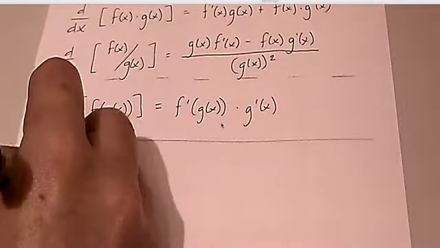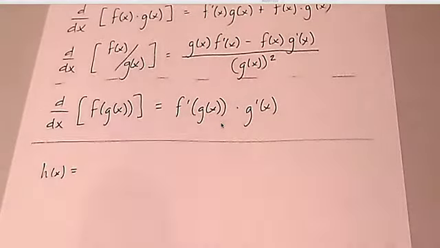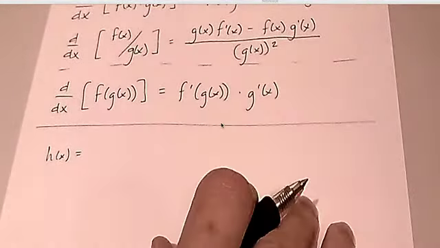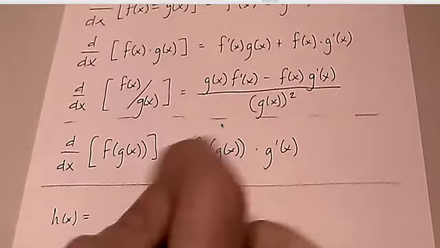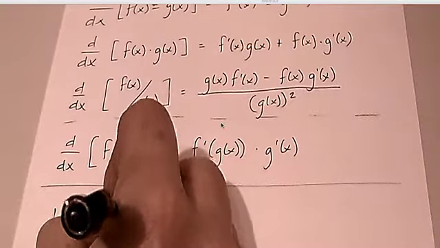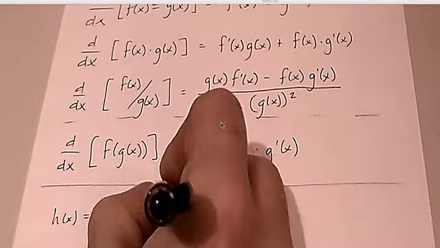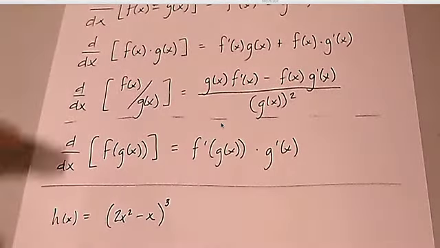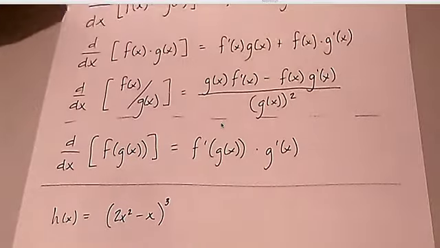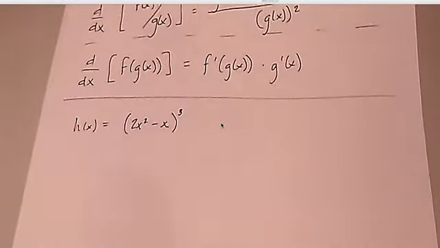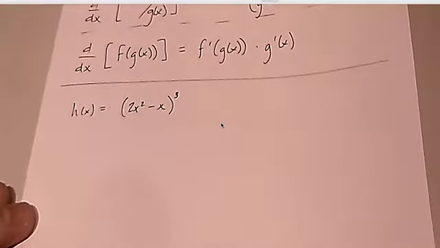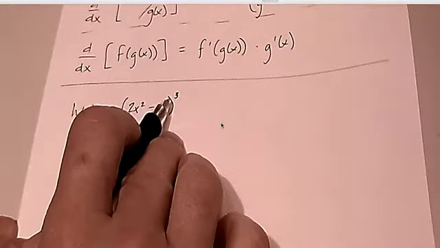Let's say we have h of x is equal to, let's do (2x squared minus x) to the third, okay? Now, the question is, what is the most outside thing that's being done here? The most outside thing that's being done here is that cubing.